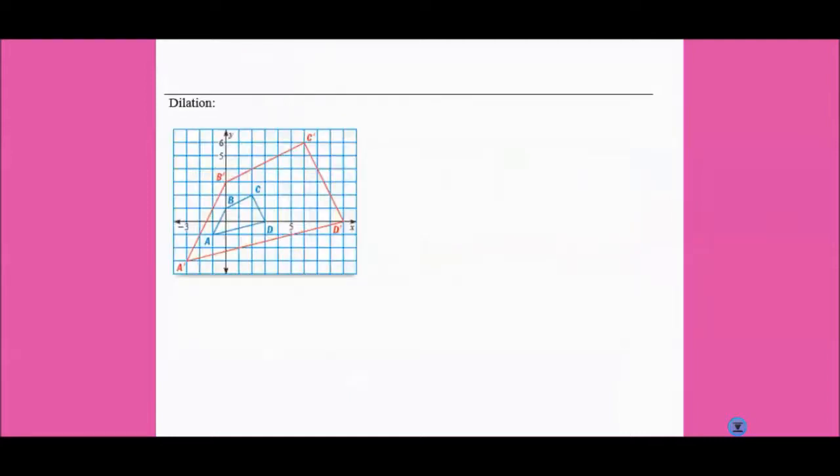Our final type of transformation is a dilation. This is a stretch or a shrink of the figure. So our original figure is this blue one, A, B, C, D. And it gives us A prime, B prime, C prime, and D prime.